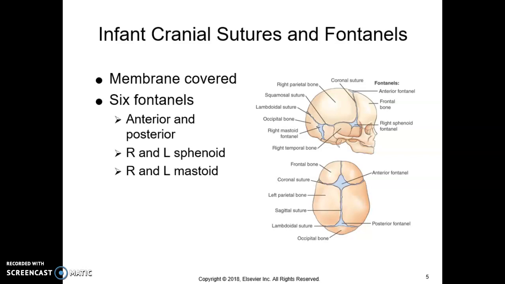They're membrane-covered areas until our skull develops and fills those areas in. The 6 fontanelles to be aware of are the anterior and posterior, the right and left sphenoid, and the right and left mastoid.